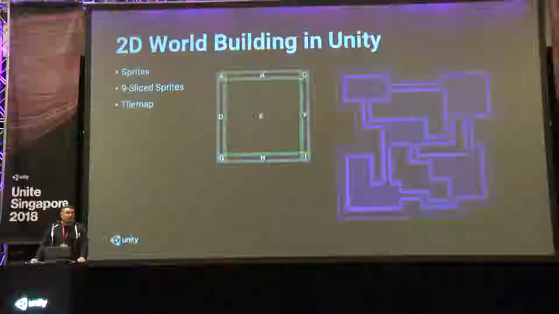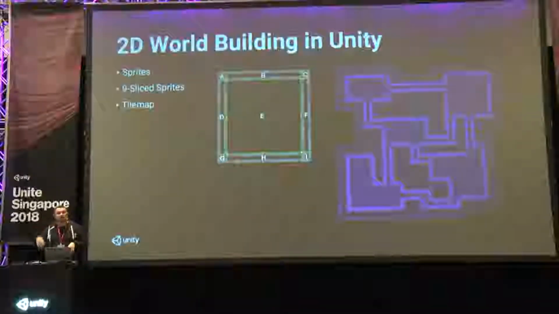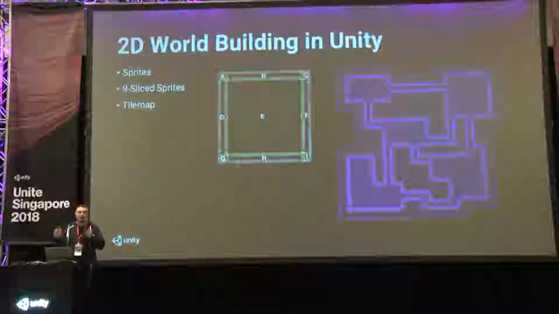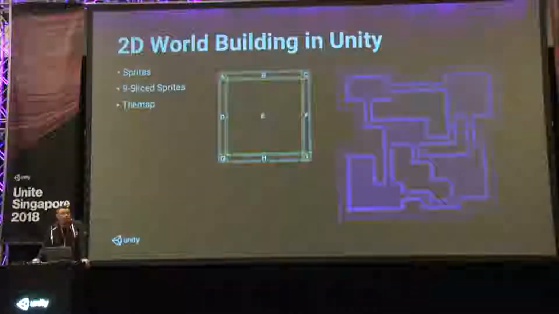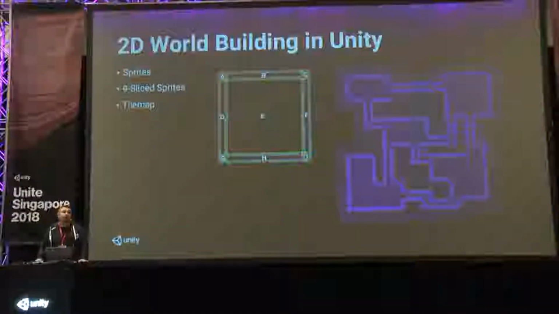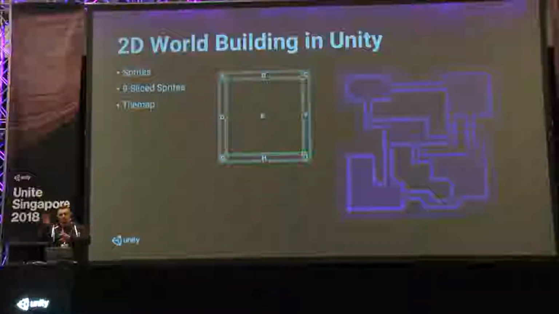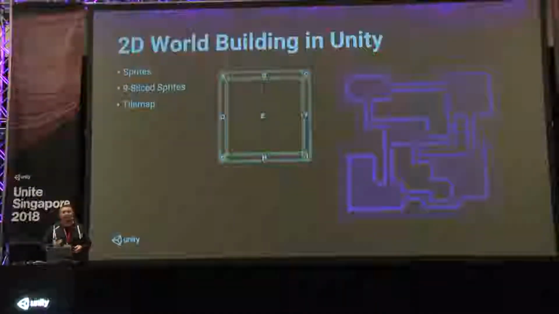Or you do 9-slicing with your sprite, so you prepare your sprites by cutting them into these 9 parts and then do some cool tiling tricks there. Or you use Tilemap. If you're doing grid-based worlds, Tilemap is a really good solution. You can have rectangular grids, or you can work with hexagonal grids, and in 2018.3, isometric grids.